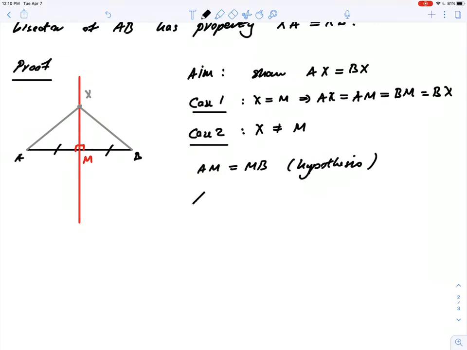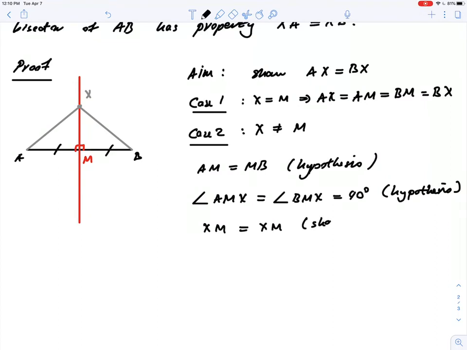Again, the angles at M, so angle AMX is equal to the angle BMX. Again, they're both equal to 90 degrees. Again, that's a hypothesis because it's the perpendicular bisector. And finally, XM, this side here, is shared by these two triangles. So XM is equal to XM, shared side.